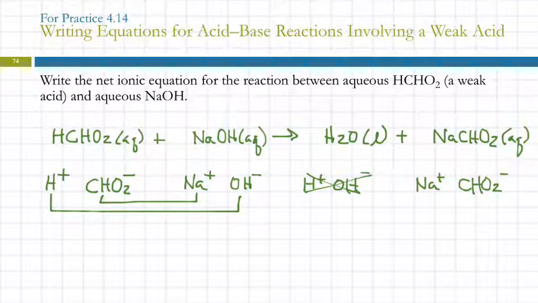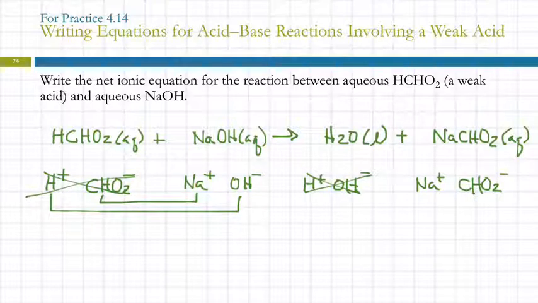A weak base only ionizes a little bit. And in the ionic equations, we write what is most present. So most of it is going to be this molecule. So we're not going to do ions for that either. So we're going to write this, and we're going to separate that. We're going to write H2O, and we're going to separate these.